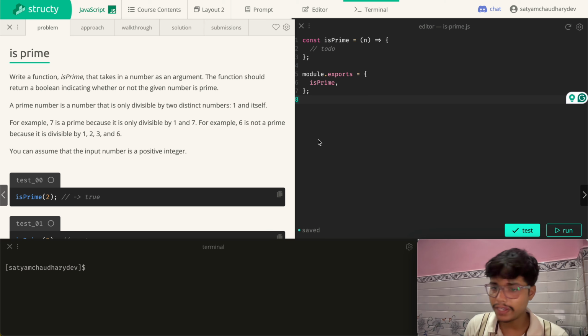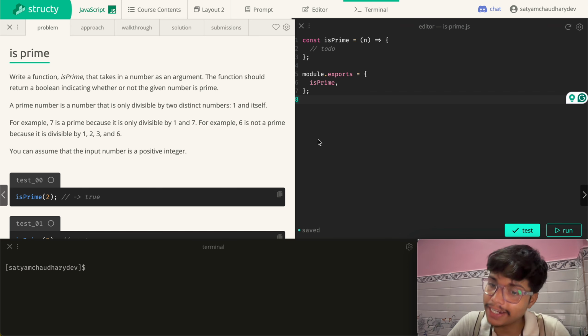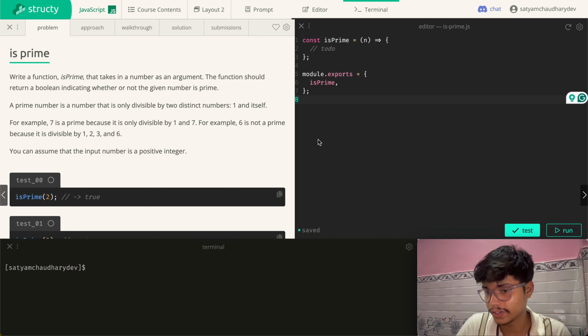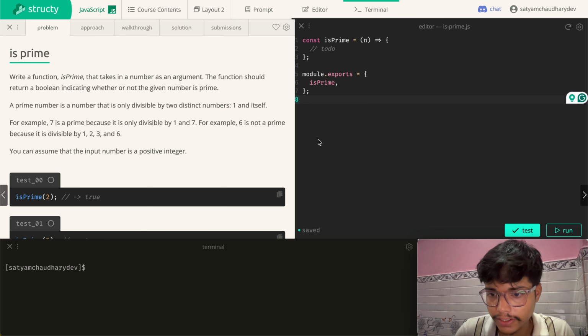For having a divisor, the number should be less than the given number. For example, for 7, we need to see which numbers can divide 7. It should be less only. It can't be greater than 7.